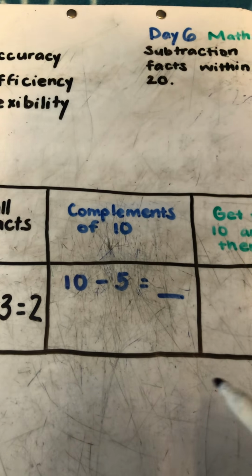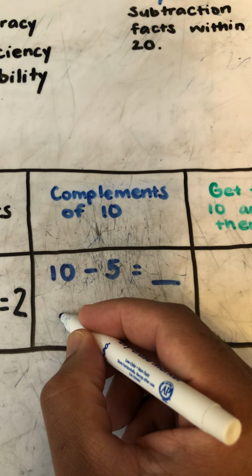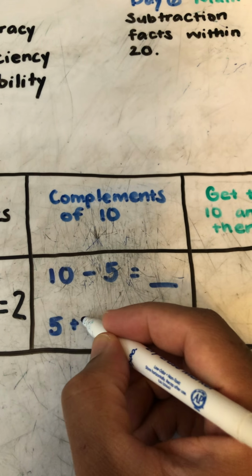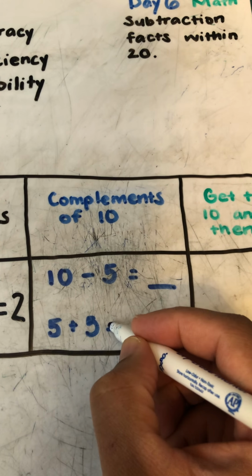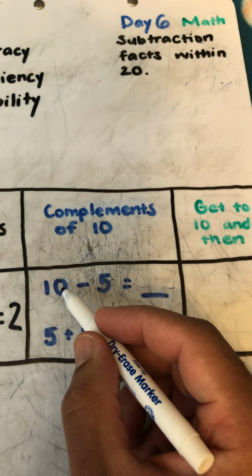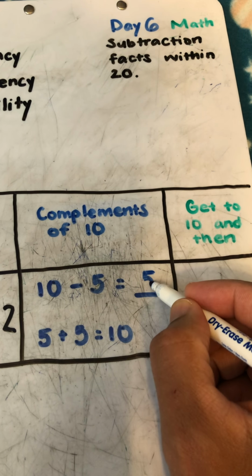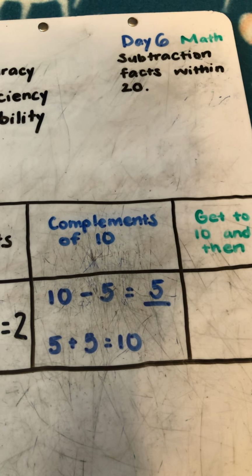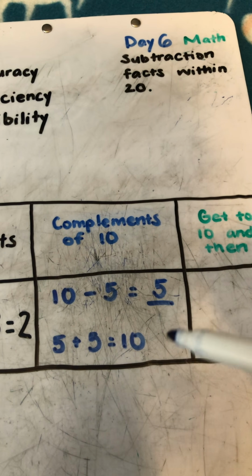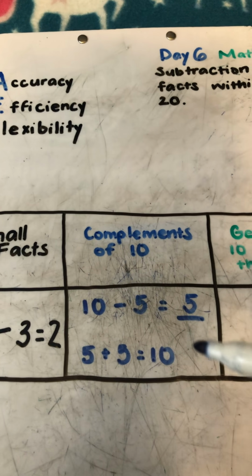Well, here, my complements of 10 knowledge is very helpful for me. Since I know that 5 plus 5 equals 10, I know that complement of 10. That lets me know this problem, 10 minus 5 is going to equal 5. Again, I'm able to have the right answer, my accuracy. I'm also able to be very efficient.